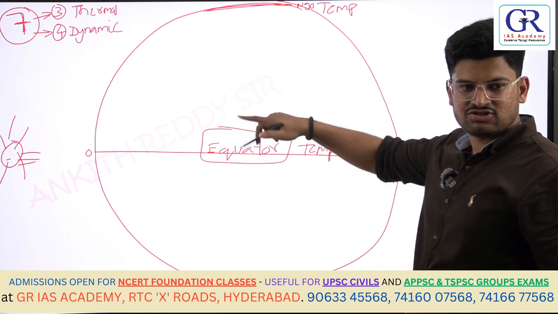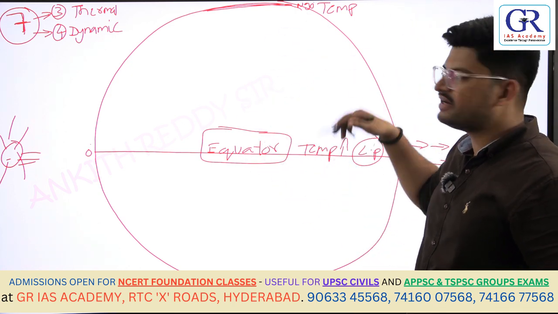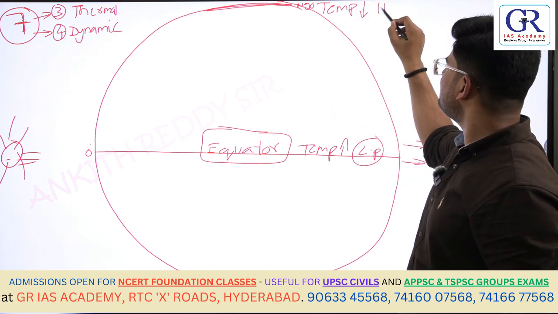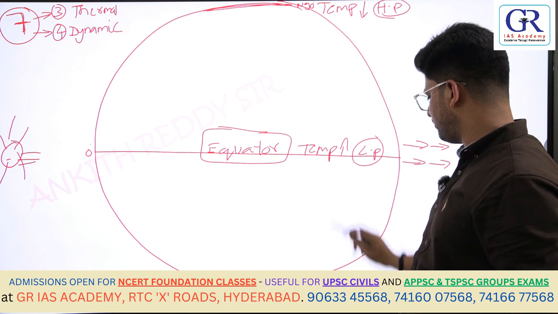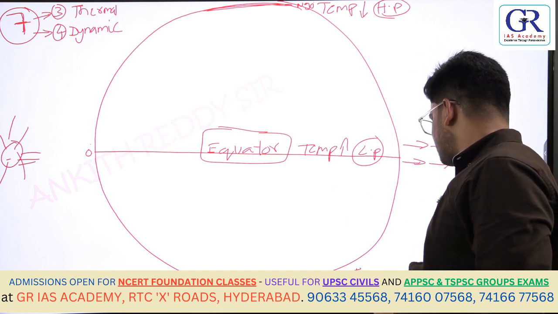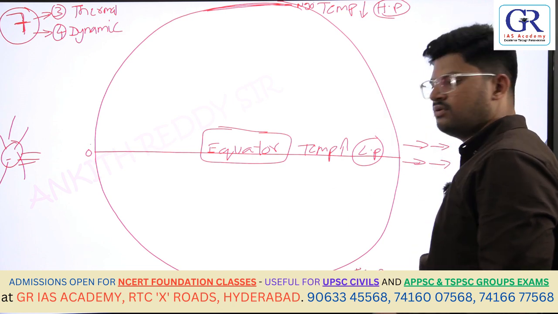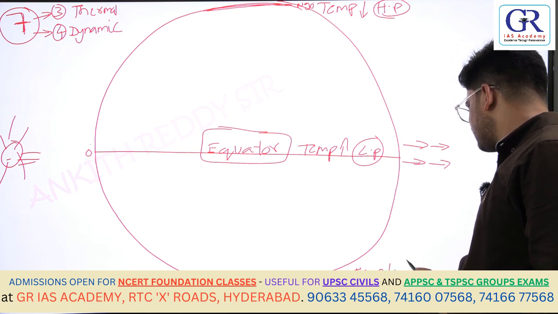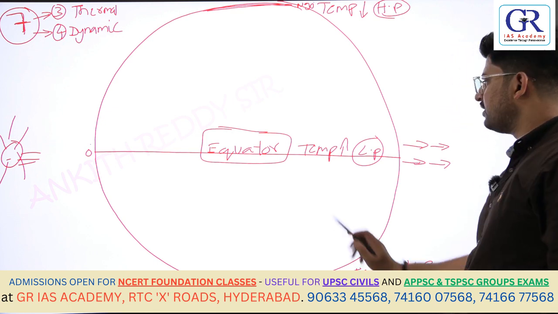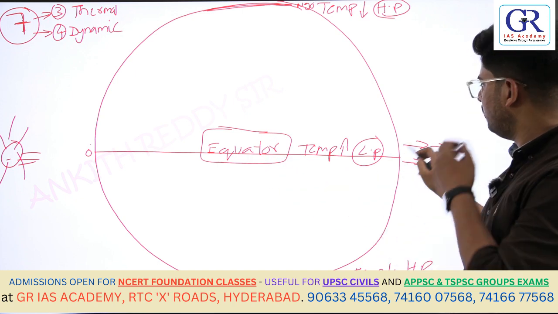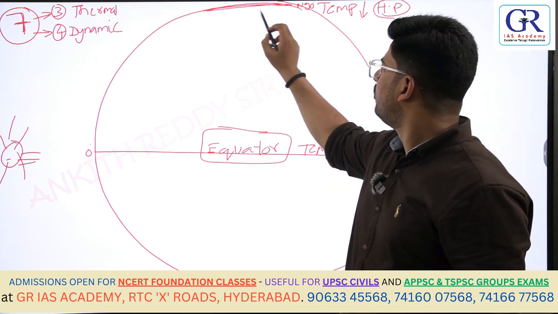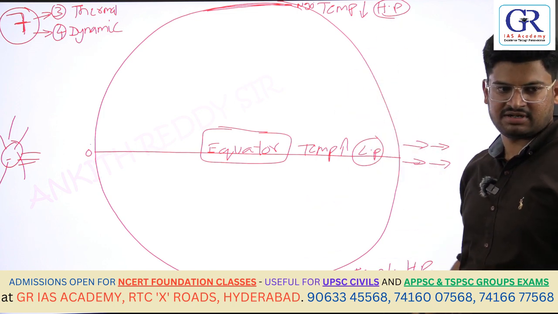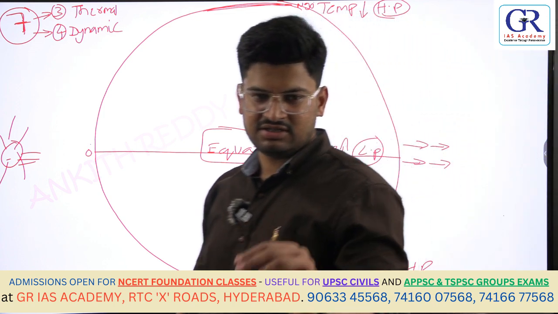Temperatures are high at the equator, and as you move towards the pole, temperature decreases. So temperature is low, and pressure is high. So equatorial low pressure area, north polar high pressure area, south polar high pressure area. Getting my point? So 3 zones we have completed.